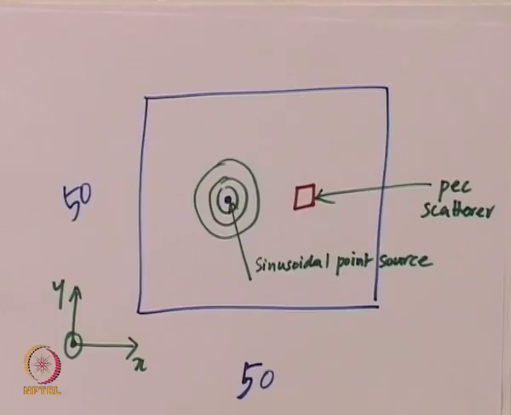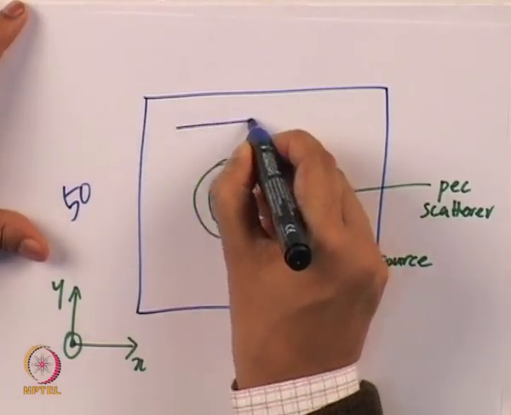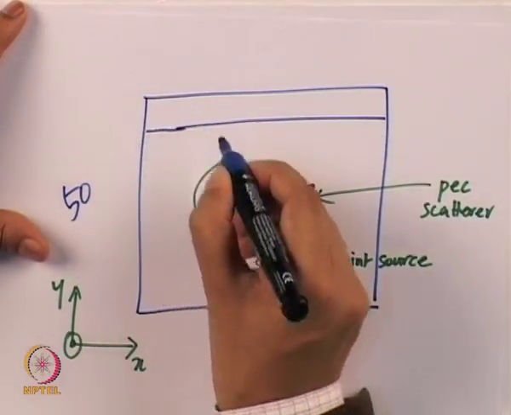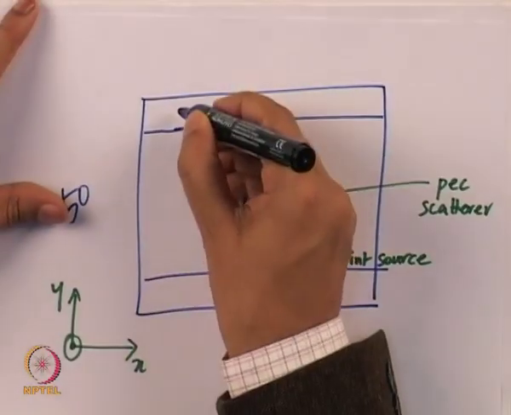And how do we run this problem? We are going to simulate this problem by truncating this domain using two sets of PML. So I am going to draw them like this.